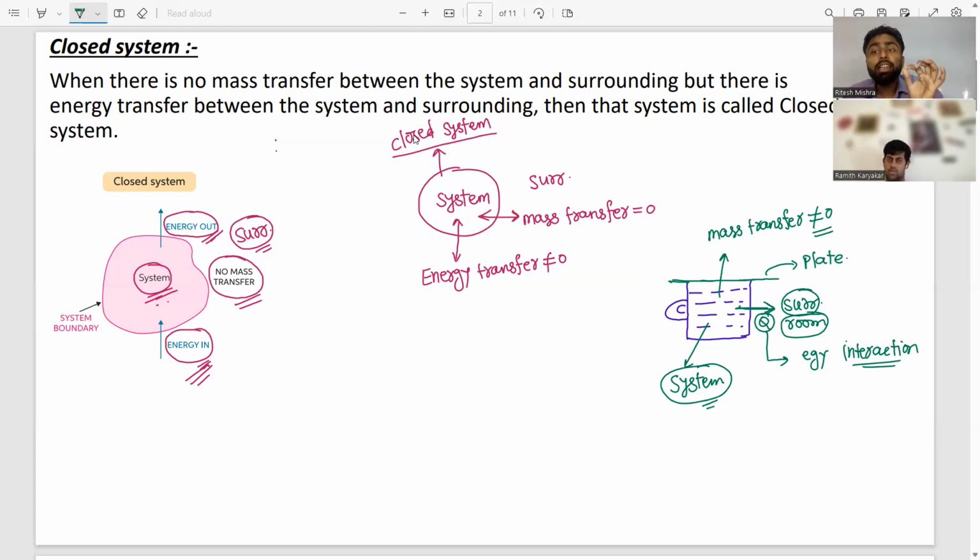That means there is no mass transfer between the system and surrounding here. But there is energy transfer between the system and surrounding because the tea gets cold after some time. That means there is an energy interaction. So this type of system is called a closed system.